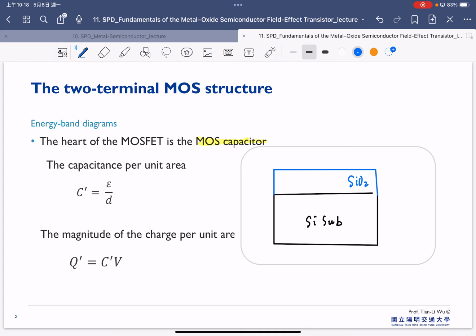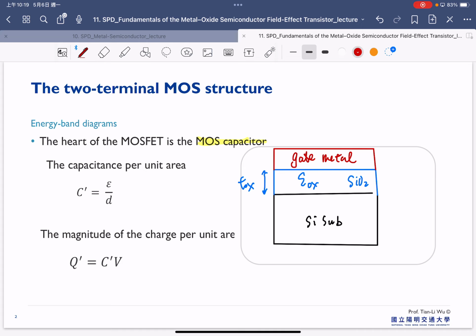There are two parameters we use very often to characterize this dielectric: the first is the dielectric constant, and the second is the dielectric thickness, Tox here. After the dielectric, we deposit our gate metal.